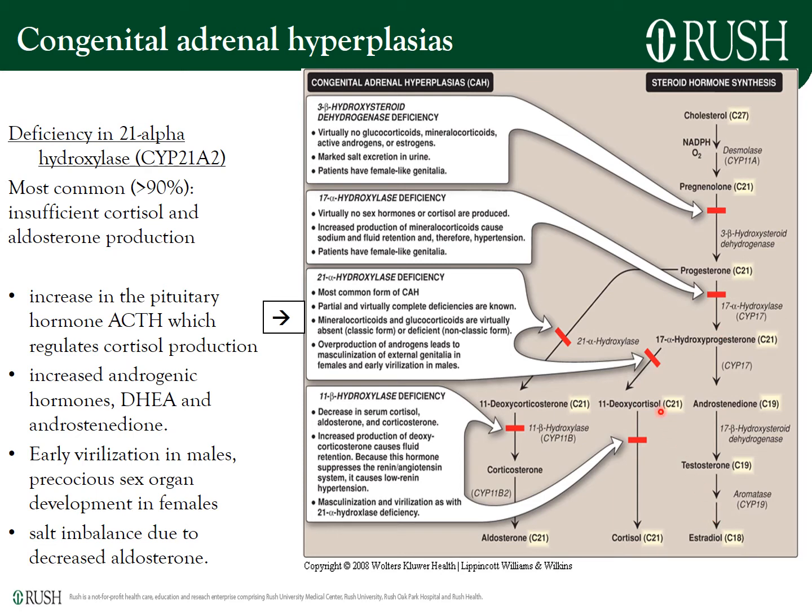So what are the consequences then? Mineralocorticoids are not synthesized. Salt imbalance is, of course, due to that, and cortisol is not synthesized. Now, ACTH, you already learned about it, is a pituitary hormone which regulates cortisol synthesis.